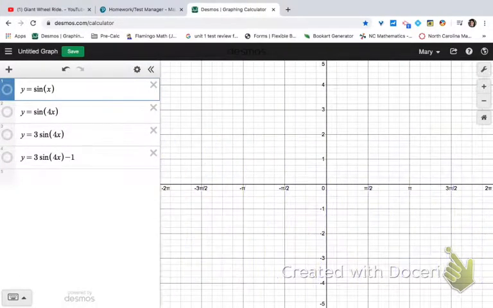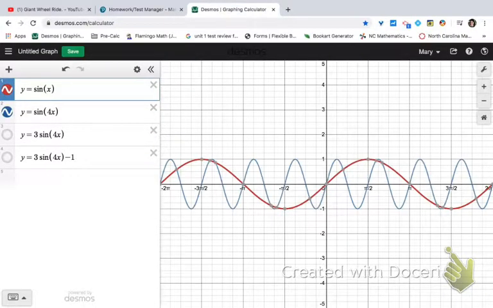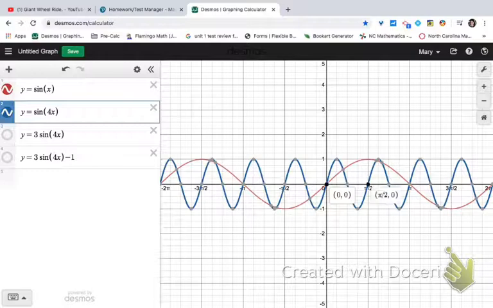Just to remind you, this graph came from a parent function of sine. We found that my period was pi over 2, so that means between 0 and pi over 2, an entire hill-valley has come into play.